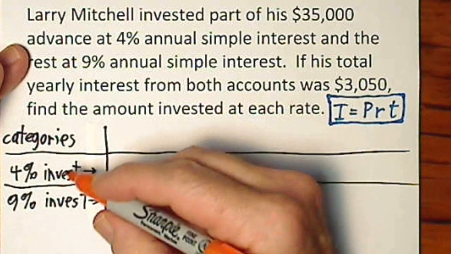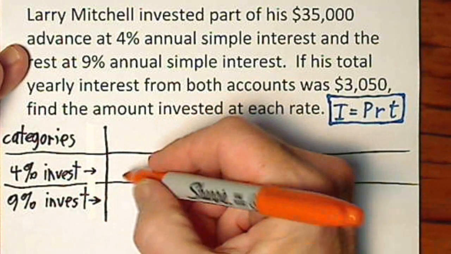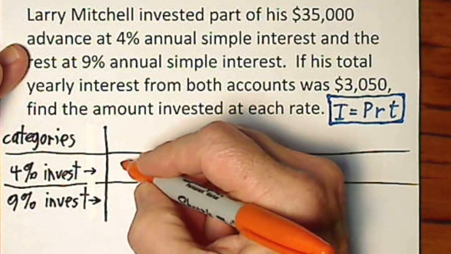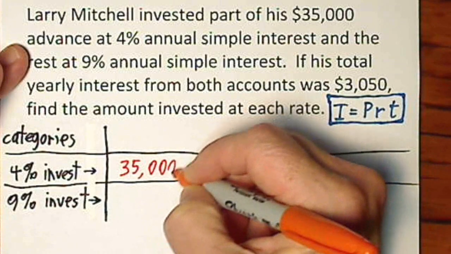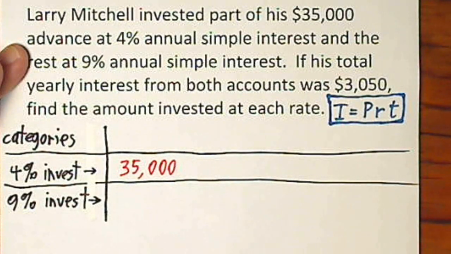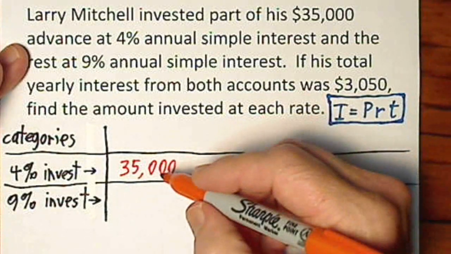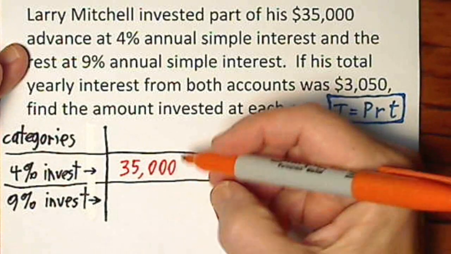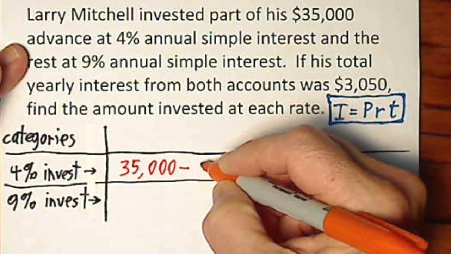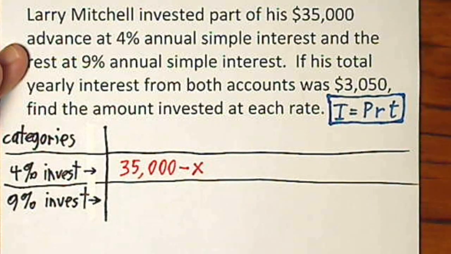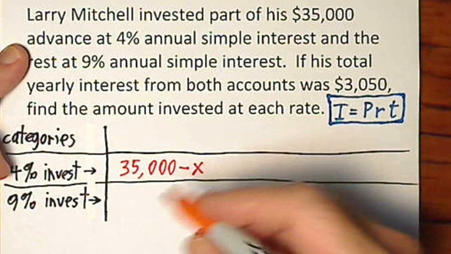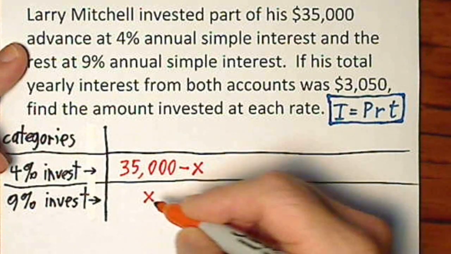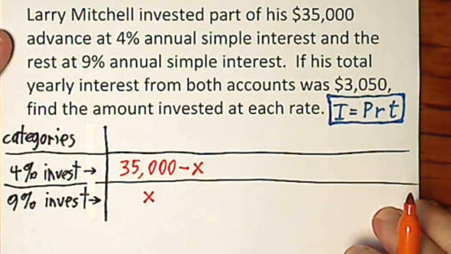I can't say, for let's say the 4% investment, I can't say that he invested $35,000, but I could say he invested $35,000 minus some amount, and however much he didn't put at 4%, he put that down here at the 9%.